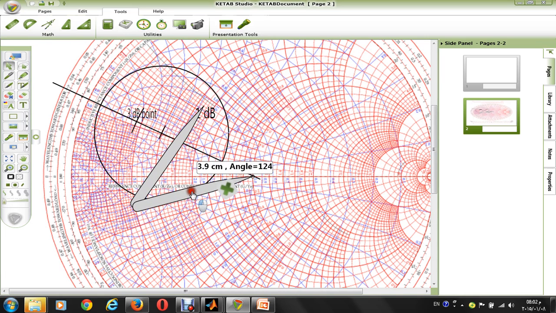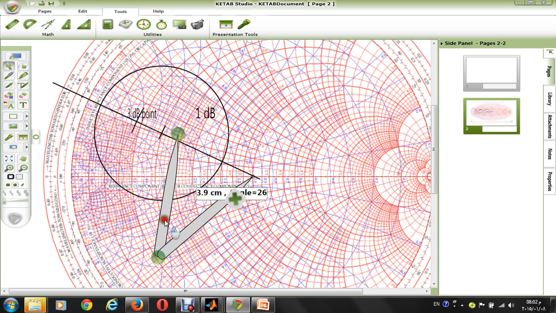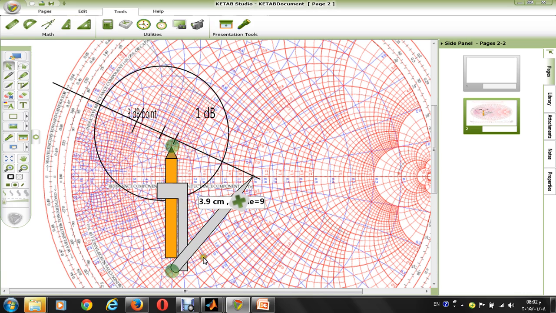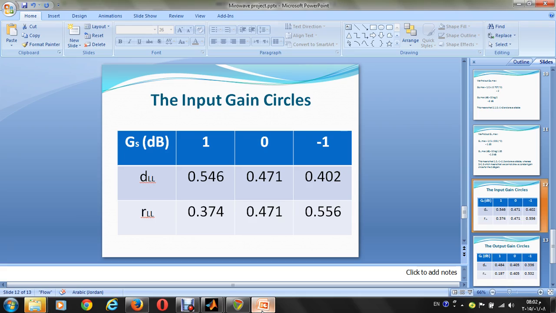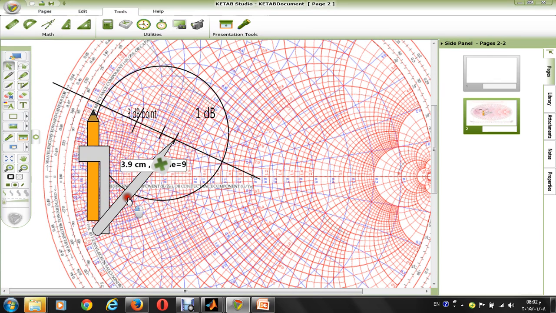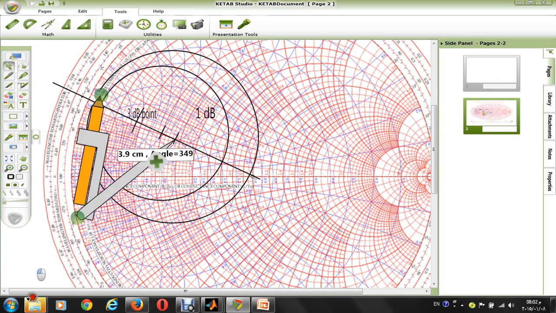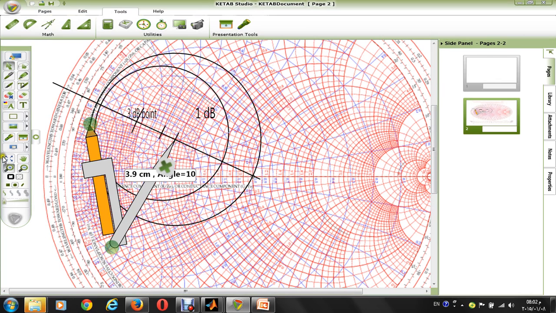I select it accurately. Now I need the pencil. Go right here. I look back. I find that the radius is the same. So here is the center. And I draw the next dB circle. Here it is. This is 2 dB.